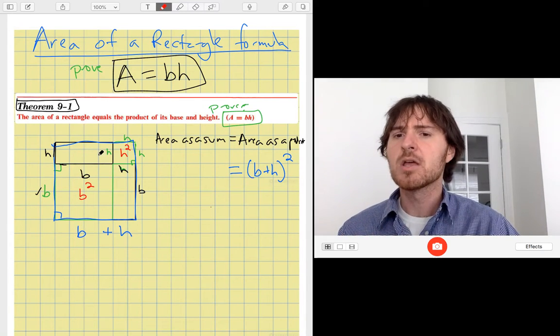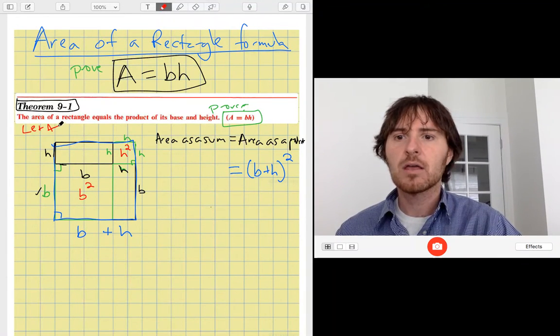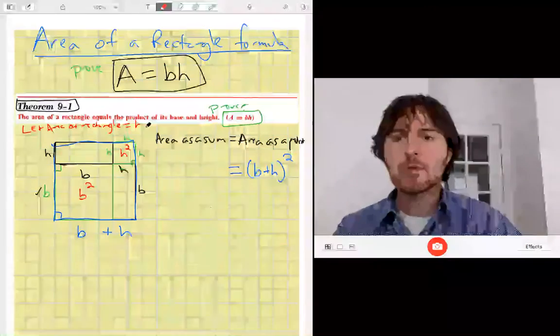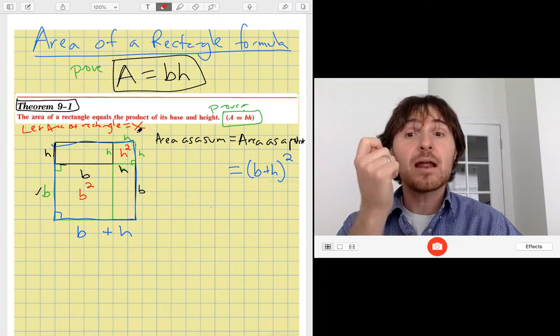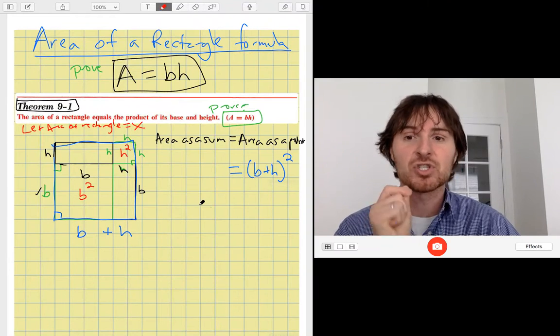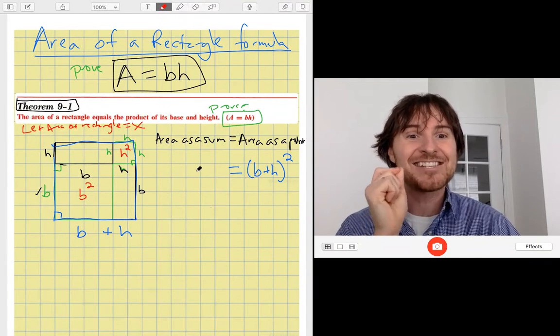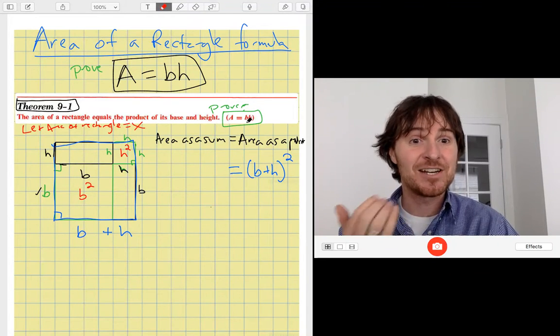My objective here: I'm going to assign a variable. Let the area of the rectangle, the one of interest we're trying to find, equal x. So I'm going to assign it a variable. And then I'm going to hope to prove at the end of this, because I'm going to have to simplify this equation soon, that x equals b times h. If I do that, then I've found that the area of the rectangle equals b times h.